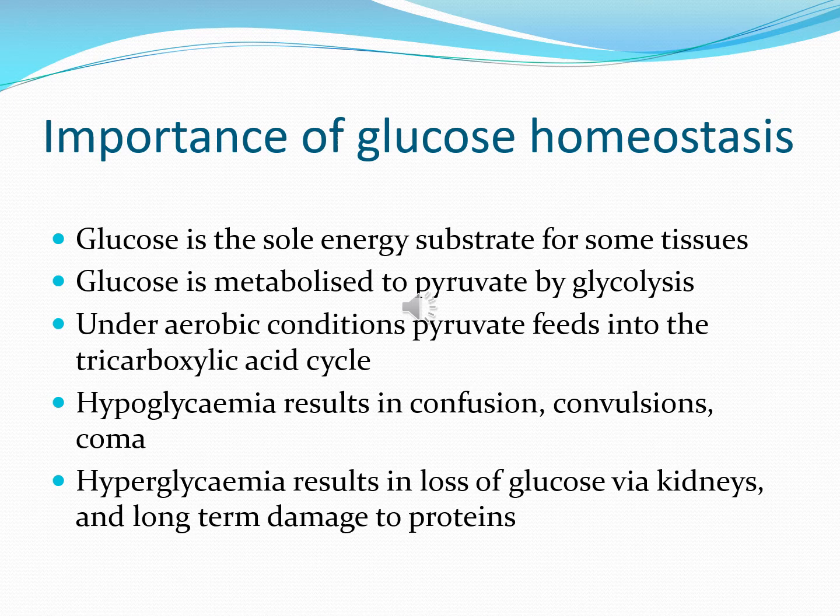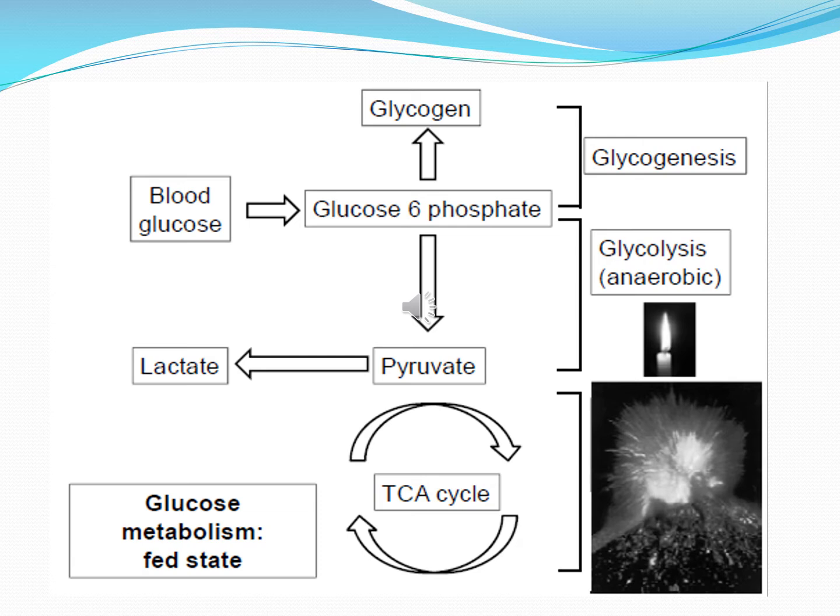Hypoglycemia can result in confusion, convulsions, and coma due to the lack of energy for the brain. And hyperglycemia can result in loss of glucose via the kidneys and long-term damage to proteins. So this is what happens when you have glucose.